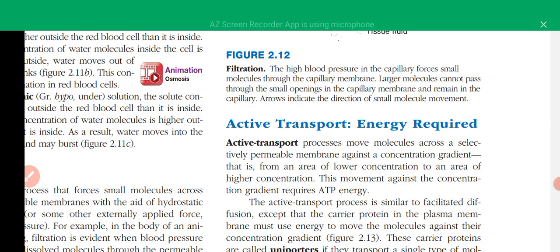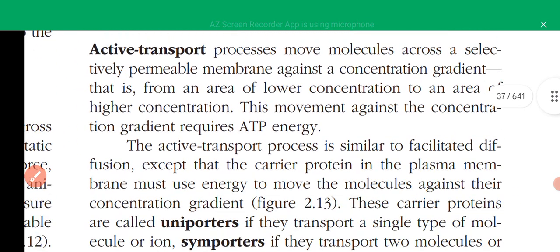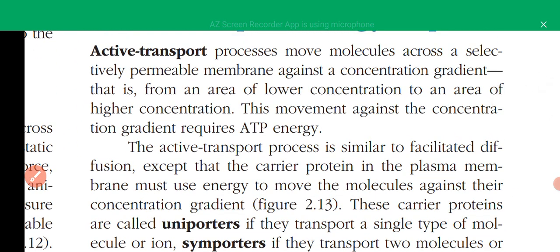Then we will study active transport. All the other transports were passive processes, which do not need energy. Active transport is the movement of molecules from lower concentration to higher concentration through a selectively permeable membrane, using a certain type of carrier molecule that moves against the concentration gradient.